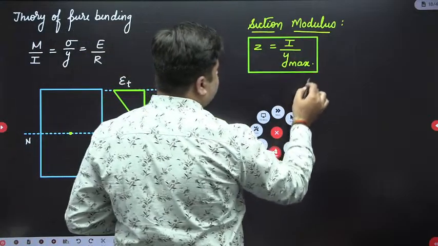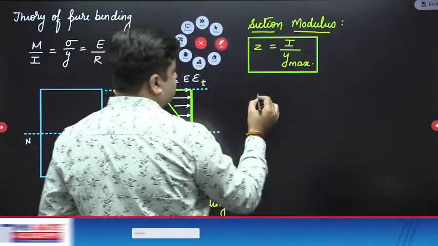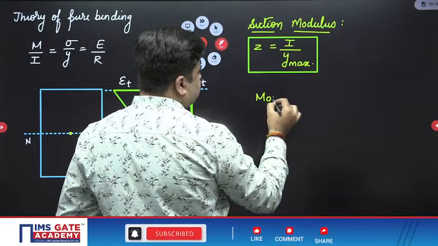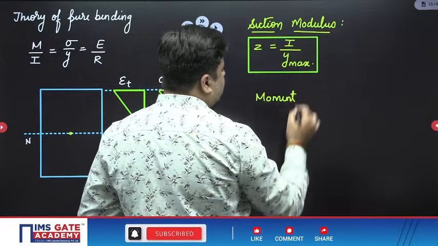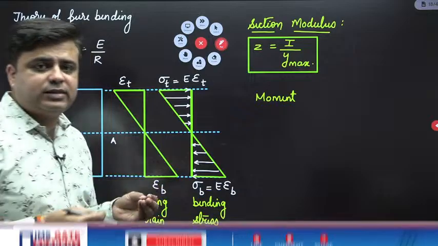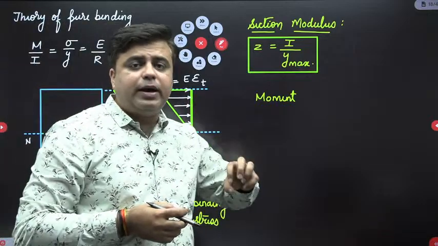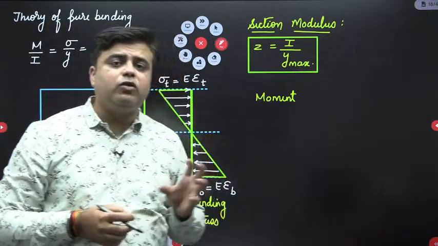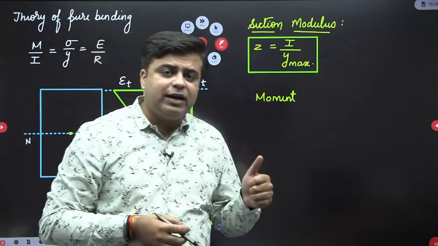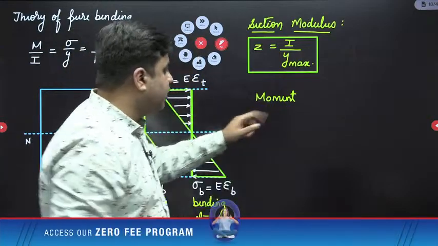And after this, the last thing is the moment of resistance. Moment of resistance is the amount of maximum resistance that can be offered by a cross section. The maximum amount of moment that can be withstood by a cross section is termed as moment of resistance.